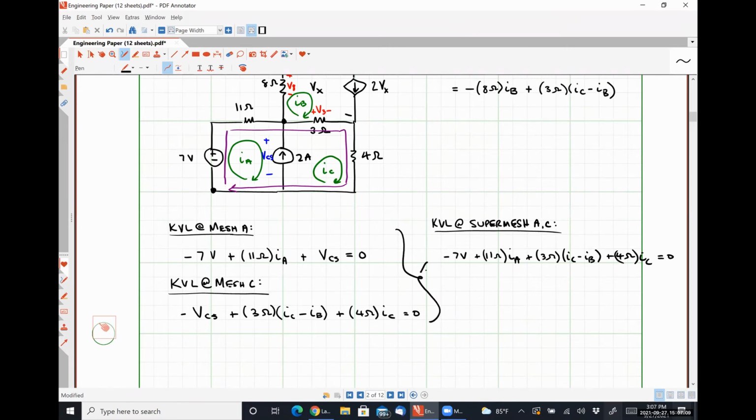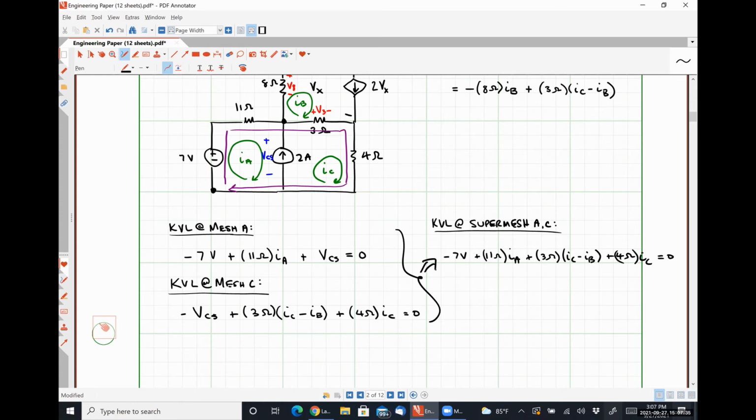So I combined these guys effectively into this one equation, all right? I'm going to have to do an operation like that for every interior current source that I have, okay? What I mean by an interior current source is one that doesn't show up on the edge of the circuit, all right?